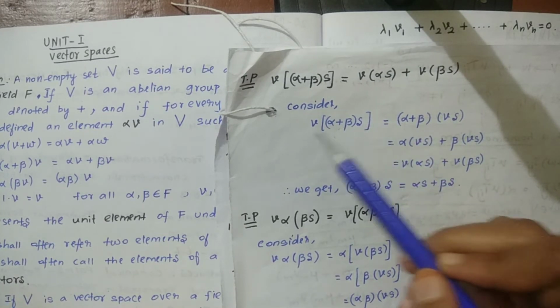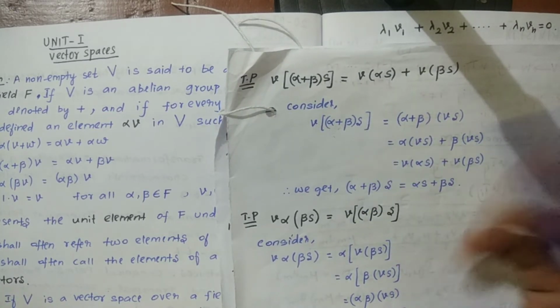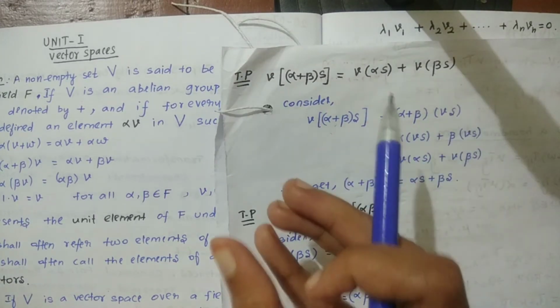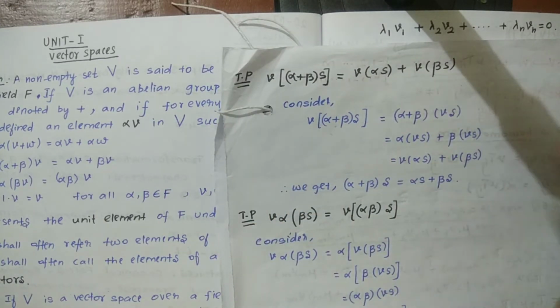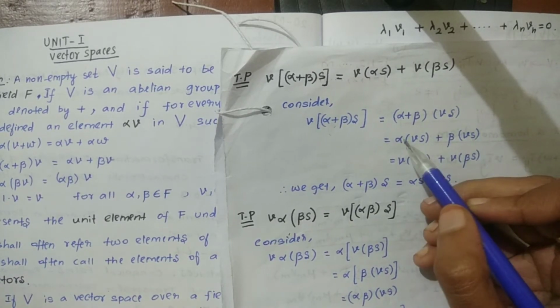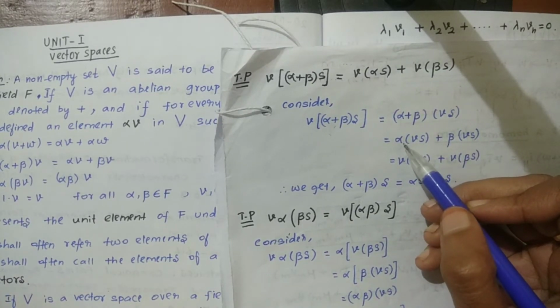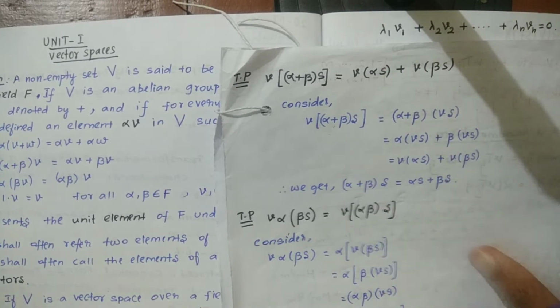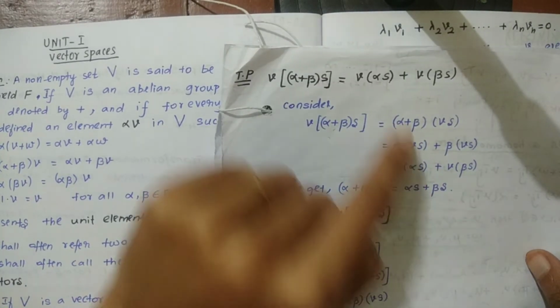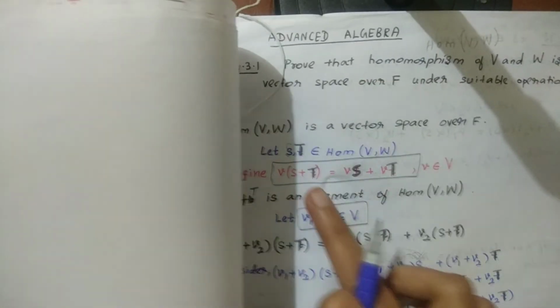Alpha of b in the outside, v and alpha plus b separately, and bs as in a separate group. Okay, you are writing in that format. So from this you can write alpha vs. Here what you are doing is you are writing this in this format.